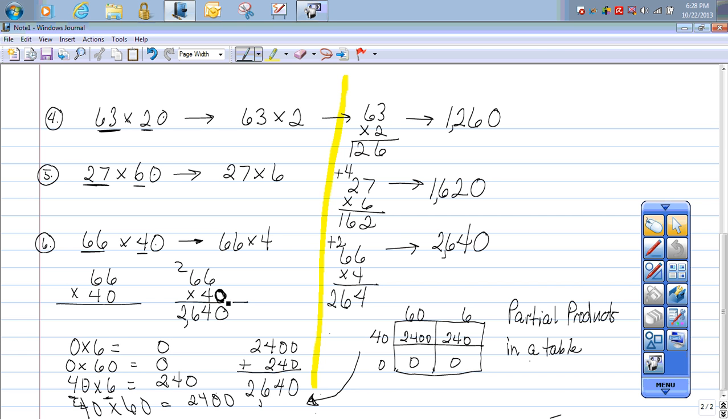You already know how to multiply using multiples of 10. So they may show it to you in the form of a table. And you're just multiplying 40 times 60, 40 times 6, 0 times 60, and 0 times 6, like we just did here. These are our 4 partial products. And this is the end of the lesson for today.